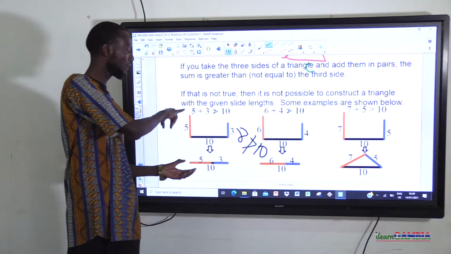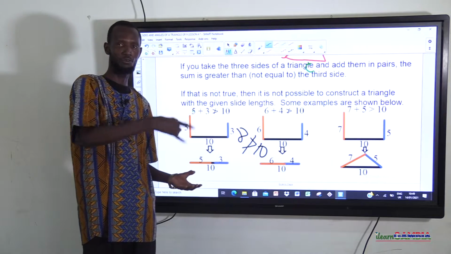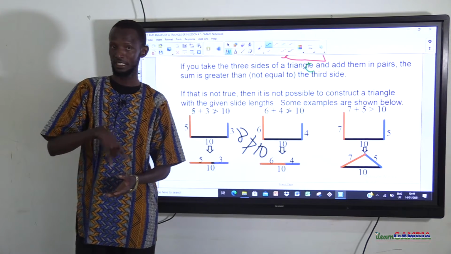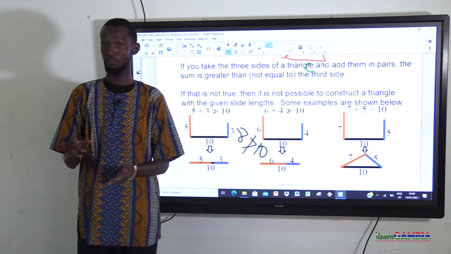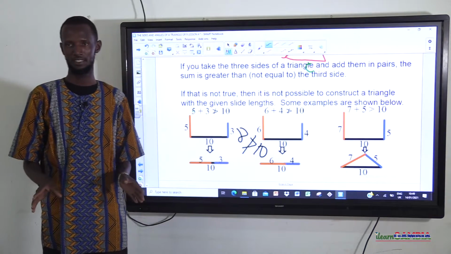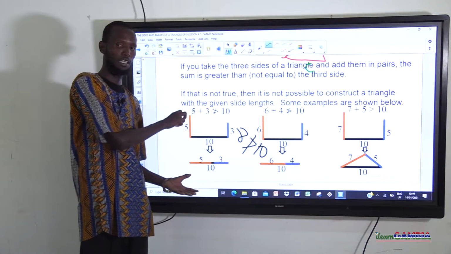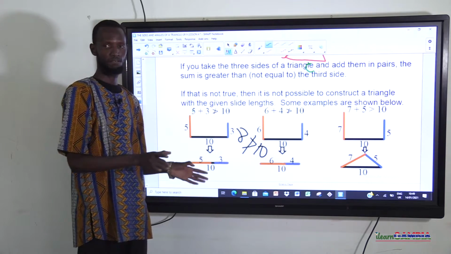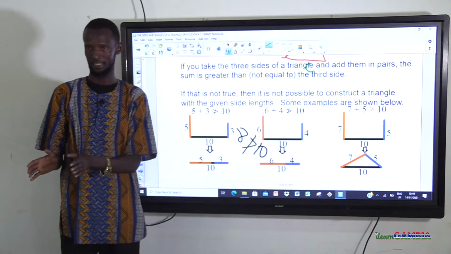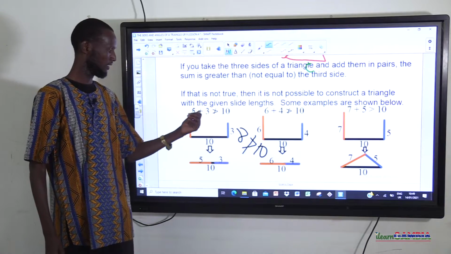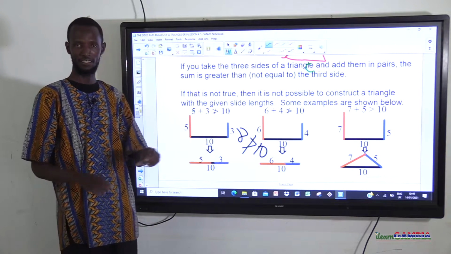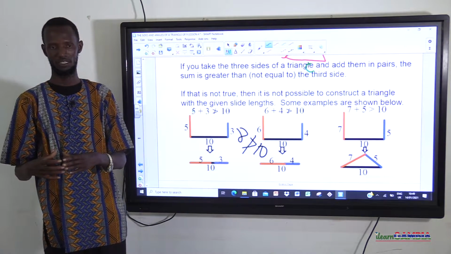Immediately one doesn't work. There's no need to go through the rest, because all three are supposed to work at the same time. So if one doesn't work, nothing works, okay? The fact that we have added 5 and 3, and the sum we get is less than our third side, means we can conclude that these three lengths, 5, 3, and 10, cannot form a triangle, okay?